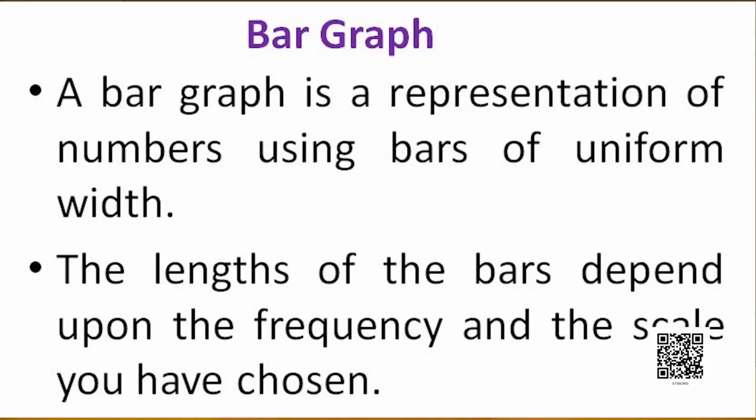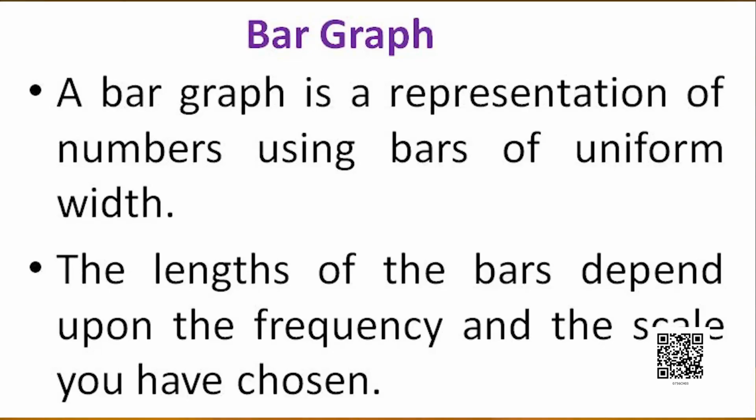Okay. So now we have another interesting thing, which you studied previously also, but we will go a little ahead of it, right? You must be remembering, that is a bar graph. Basically bar graphs are represented with bars, and those bars have uniform width, right?